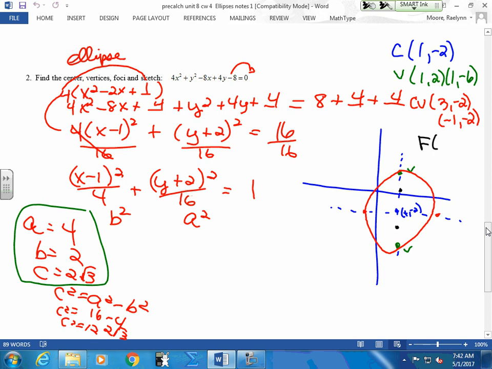Just kind of estimate. So my foci, again, since it's a radical, you're going to change the y part. You can just leave the x here and do the y plus or minus 2 radical 3. Well, one is add 2 radical 3, one is subtract 2 radical 3.